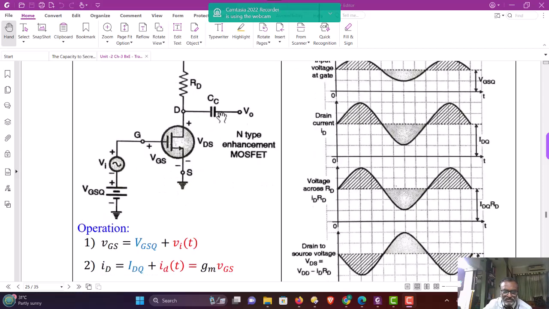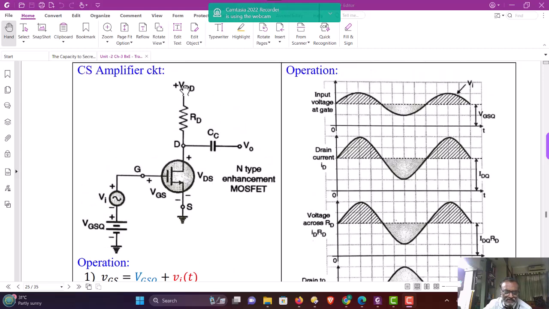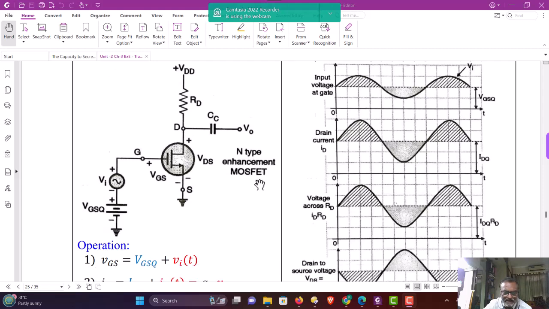Whereas the voltage across the drain resistance RD is similar to the drain current wave shape, because the voltage across RD is nothing but ID into RD, and the shape of ID is shown in this second waveform, multiplied by a constant value of RD. Therefore, the shape of the voltage across RD is similar to the shape of ID. Now, the voltage VDS according to Kirchhoff's law is nothing but the total supply voltage VDD minus ID RD.